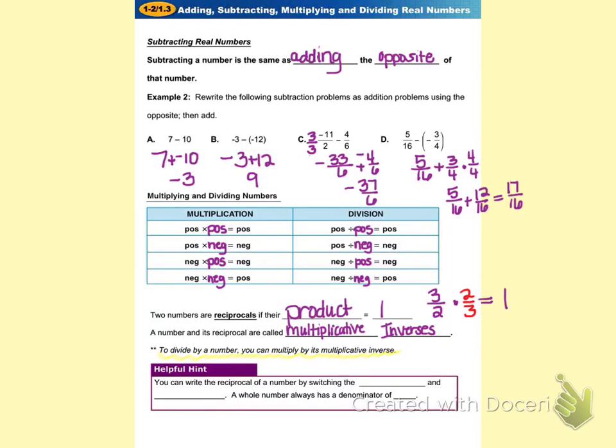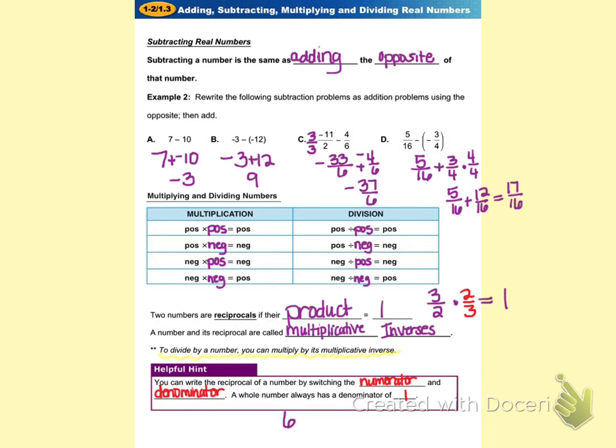So again, to review how to write a reciprocal, you can write the reciprocal of a number by switching the numerator and denominator. And if you have some sort of whole number or integer, its denominator is always 1, and that would help if, say, you had the number 6 and you wanted to know its reciprocal or its multiplicative inverse.